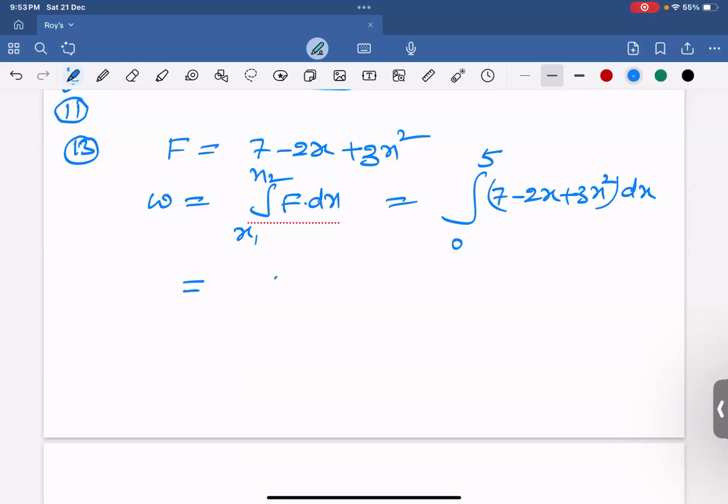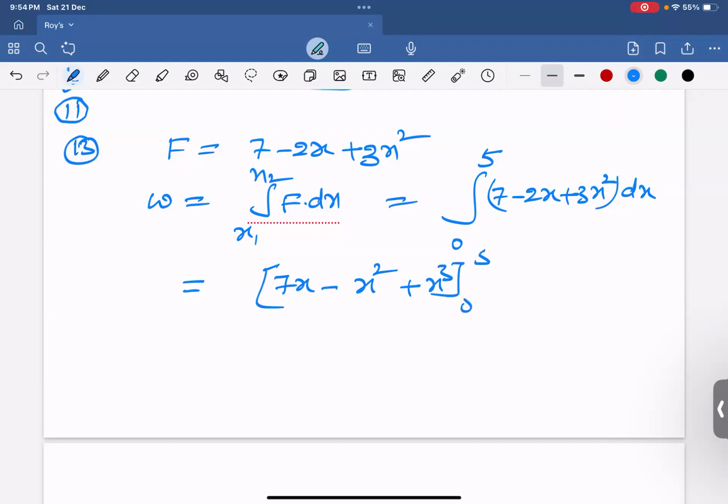I think 7 will give you 7x, 2x will give you only x square, I think. 2 will be cancelled, and 3x square will give you x cube. Am I right? Right, sir.